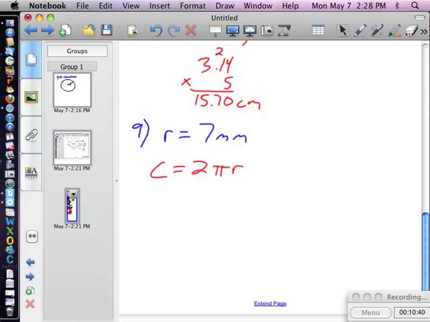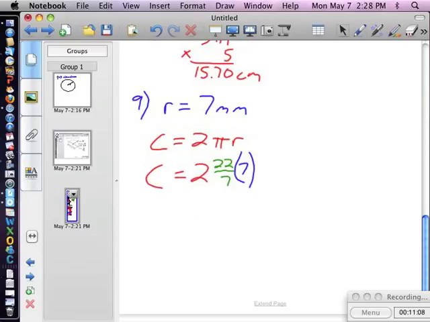I could use 3.14 if I wanted, but something I'm noticing right now is if I use 22 over 7 as my approximation this time, and I have 7 millimeters, I don't need to put the millimeters now, I'll just check that at the end. Notice what happens that's really nice. I don't have to deal with decimals at all because I have this 2, which we'll deal with later.